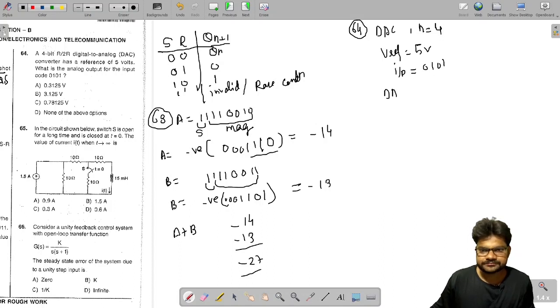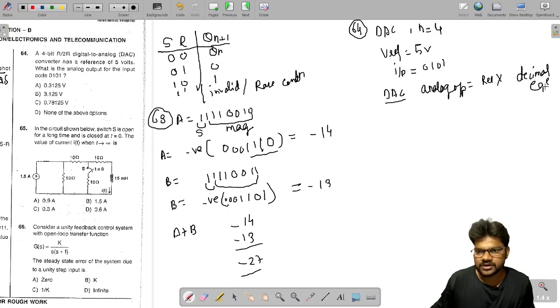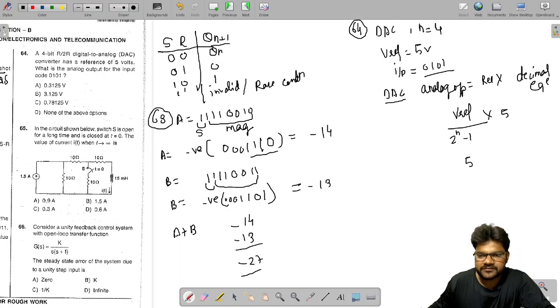We know for a DAC, the analog output equals resolution times the decimal equivalent of the input. The resolution is V reference divided by 2 to the power n minus 1, times the decimal equivalent of the input. 0101 means 5, and V reference is 5, divided by 2 to the power 4 minus 1, which is 15, into 5, so this becomes 5 by 3, which is 1.67.